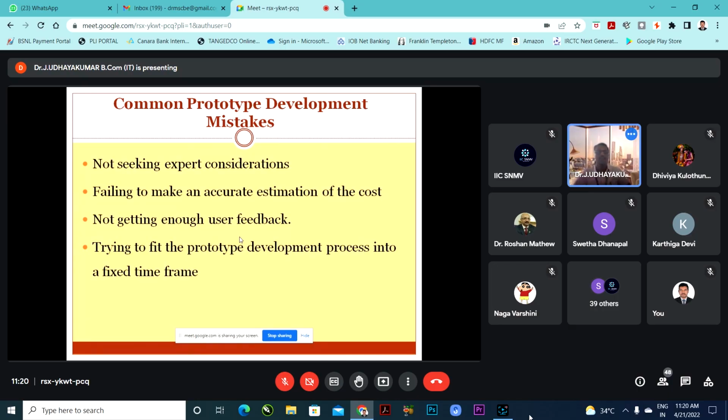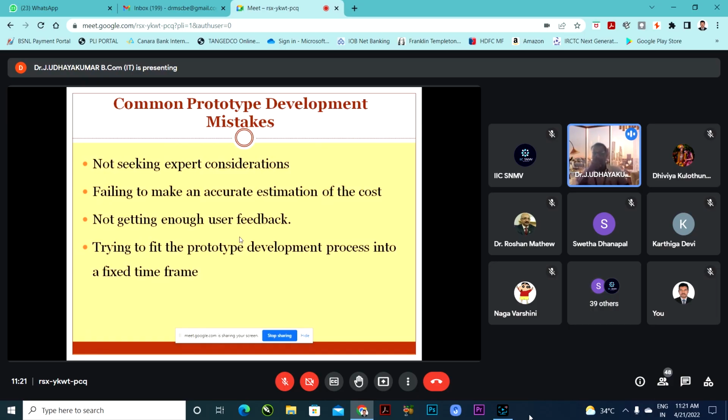So we have to fix the time in which we make a product, and whether it is useful for us or not. These things have to be considered while entering into prototype development, because prototype development costs money as well as time. Taking this into consideration, we have to think about how to overcome these prototype development mistakes.